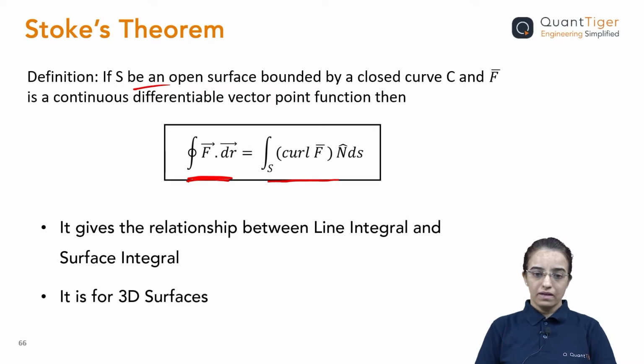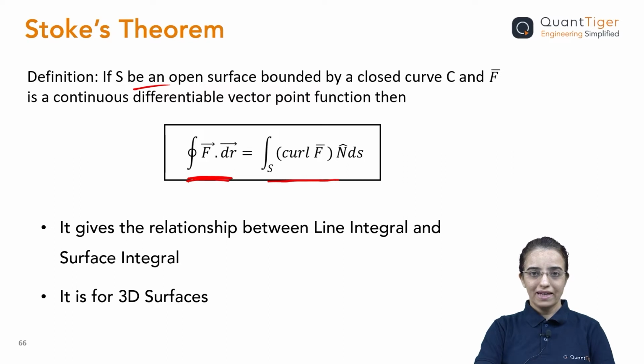So that's the reason both things should be clear to you: how to find the line integral, and how to find the surface integral as well. क्योंकि हर एक LHS को आप लेके question solve करेंगे, then you will be taking the right hand side where you have to find the surface integral and then you will see whether they both match with each other or not. So this is the statement of the theorem.